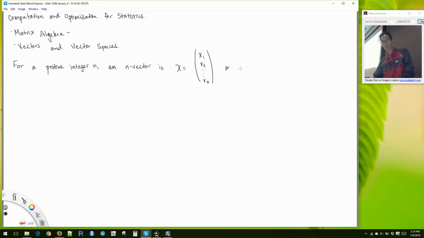It can also be written horizontally, x1, x2, and so on. We say x sub i for i equal to 1 through n are the elements, and we say n is the order of the vector.